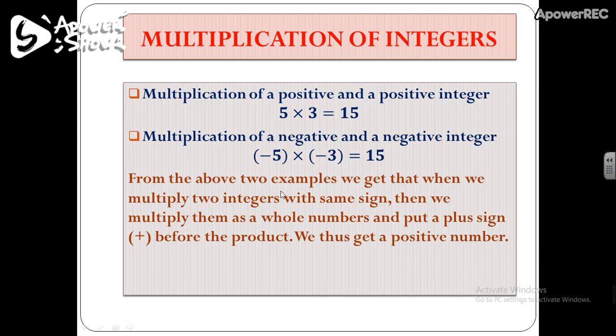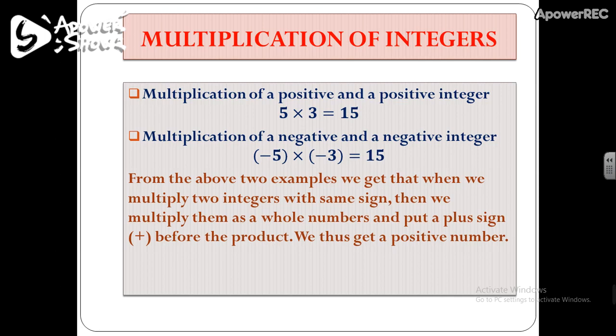From the above two examples, we get that when we multiply two integers with the same sign, we multiply them as whole numbers. That means we are multiplying 5 and 3, which equals 15, and then we are putting a plus sign before the product. So we thus get a positive number. In case of integers with the same sign, if we multiply them, we are going to get a positive integer.